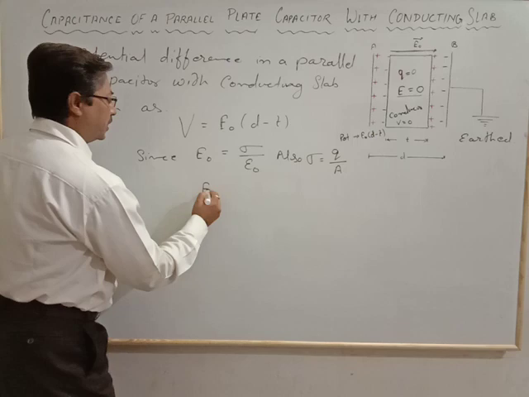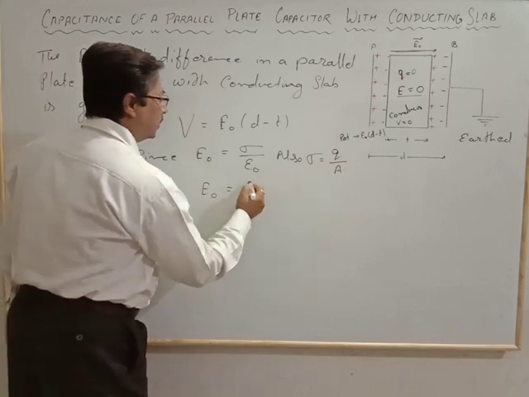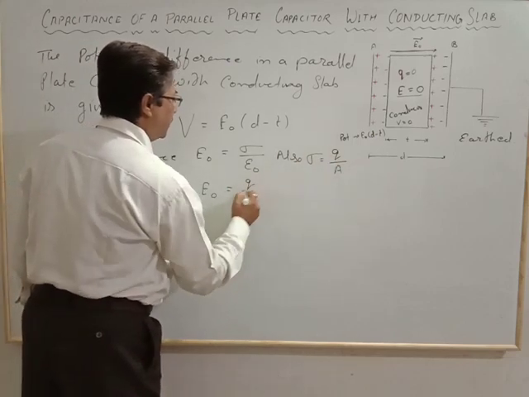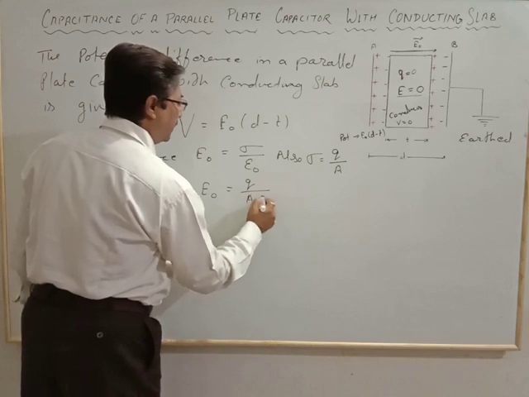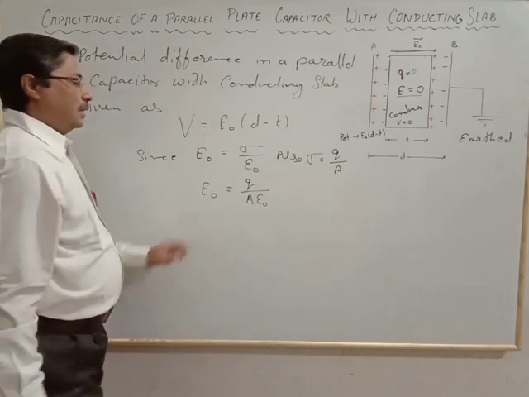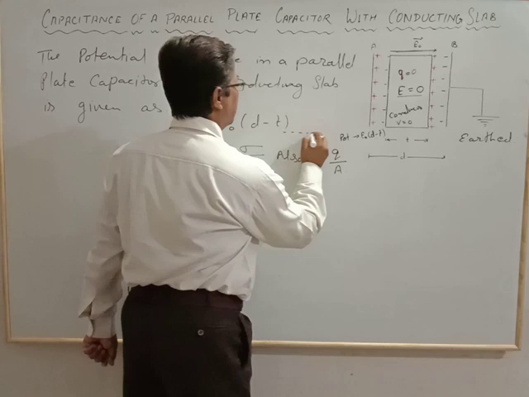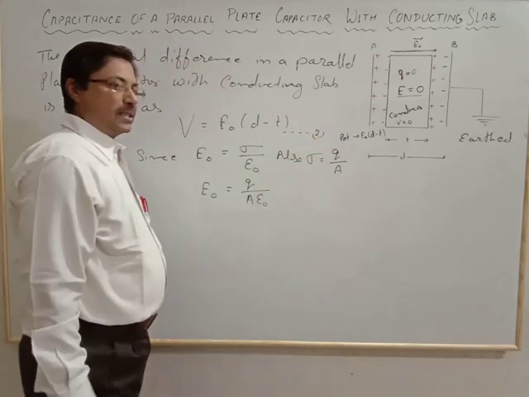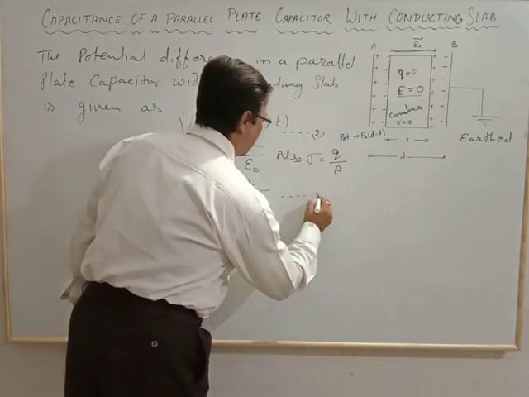So E naught is equal to Q by A epsilon naught. This is equation number 2, and this is equation number 3.